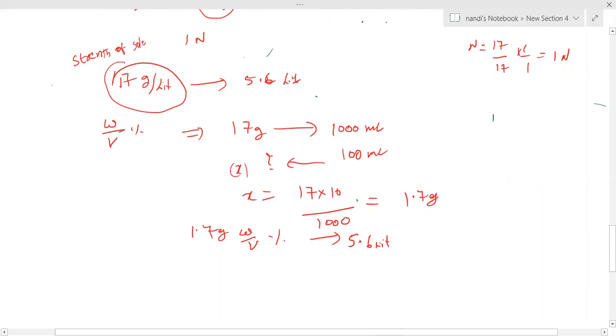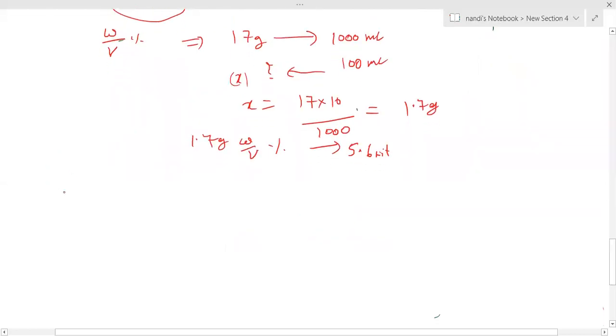All these concentration methods we discussed in my previous videos. You can check them very clearly and understand. So now I'm going to write one small conclusion here. 1.7 W by V percent is nothing but 1 normal, or you can write 0.5 molarity, or 17 gram per liter strength of solution.